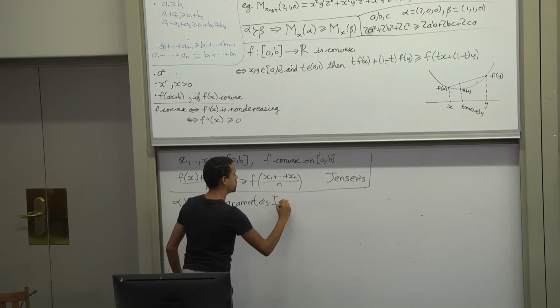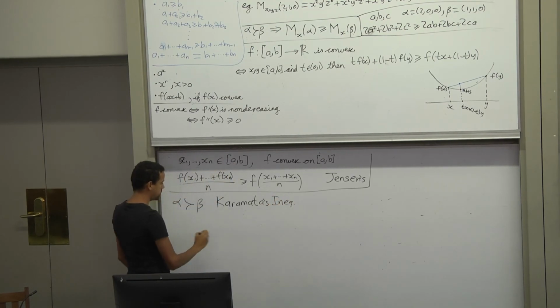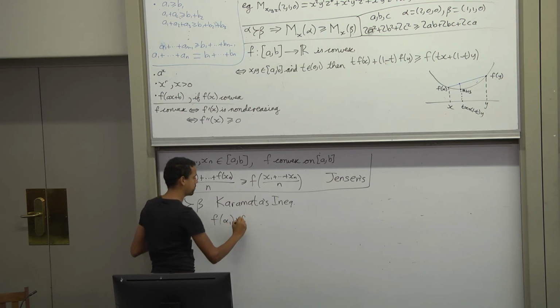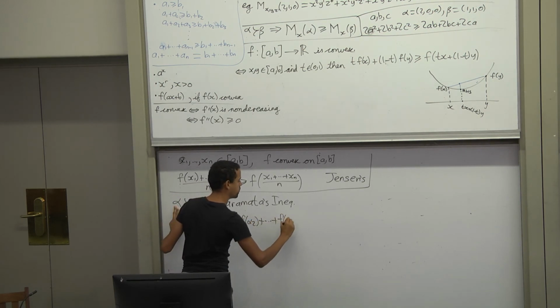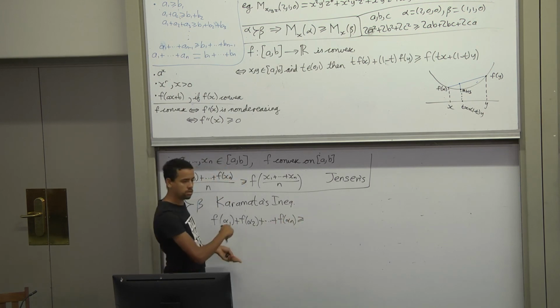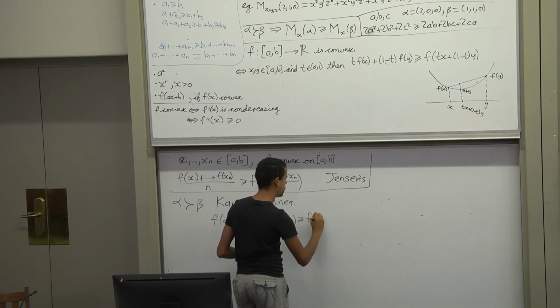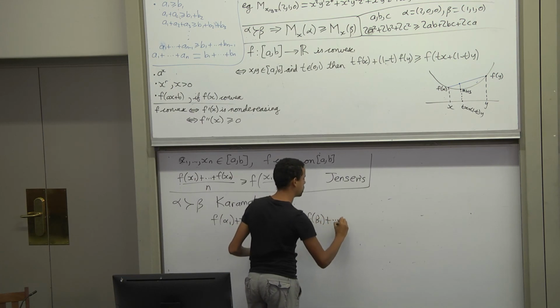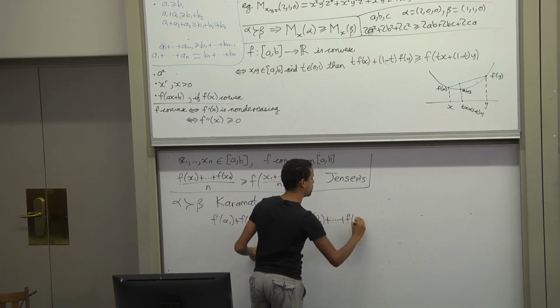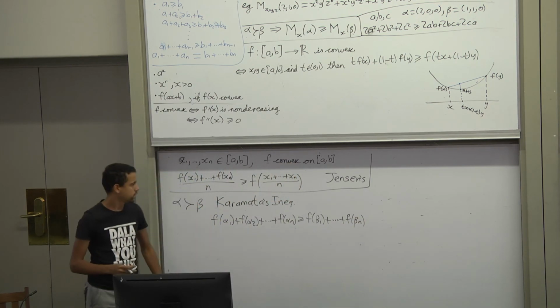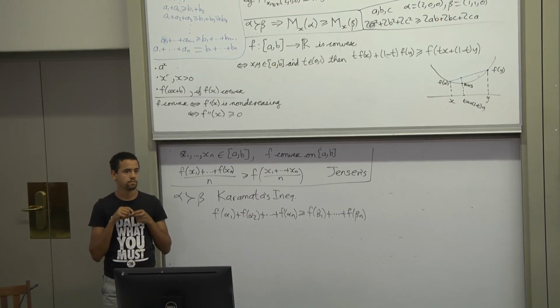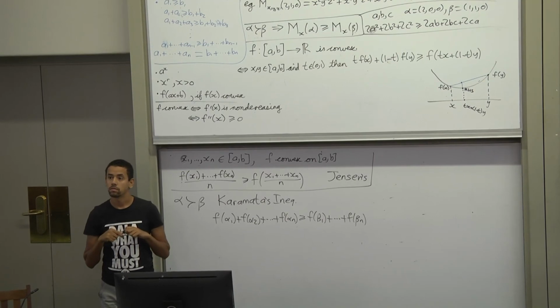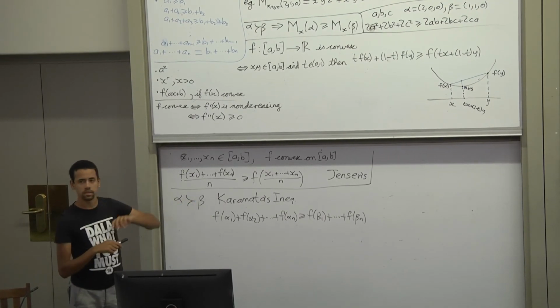And Karamata's inequality says that if you add the function values of the one sequence, that is greater than or equal to the same thing for the other. Okay, that's Jensen's and that's Karamata's inequality. Yes, only if f is convex, yes.